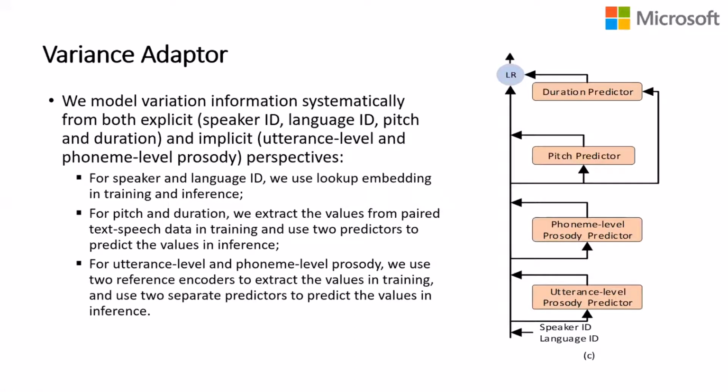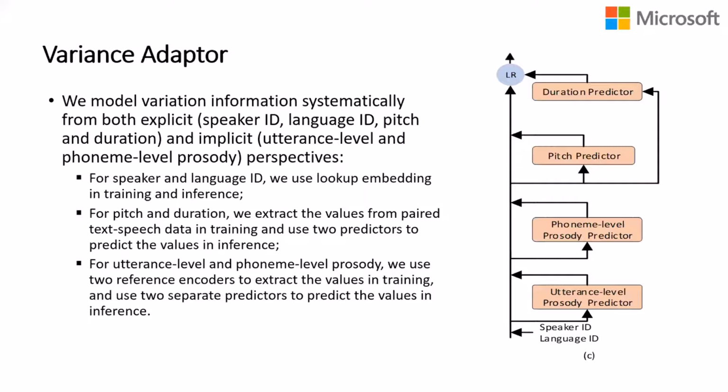For the variance adapter, we introduced two kinds of information: explicit and implicit. The explicit information includes the speaker ID, language ID, pitch value, and duration.